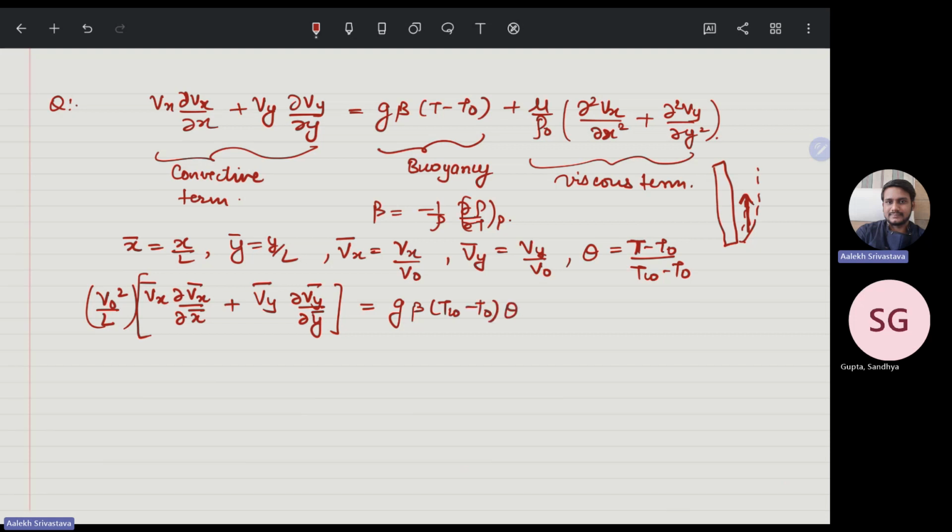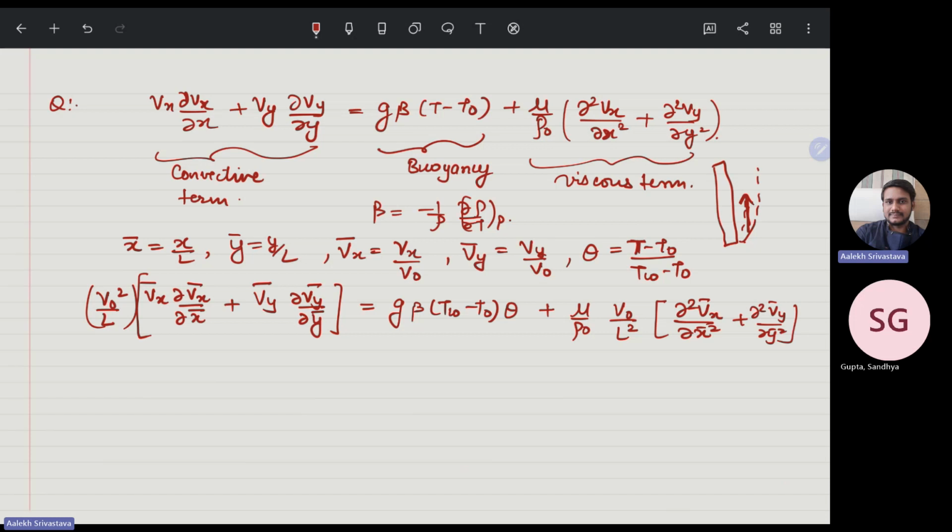I am just substituting, plus mu by rho 0, and here we will get V0 by L square times del 2 Vx bar by del x bar square plus del 2 Vy bar by del y bar square. So each term is non-dimensionalized, and you will see the coefficient.